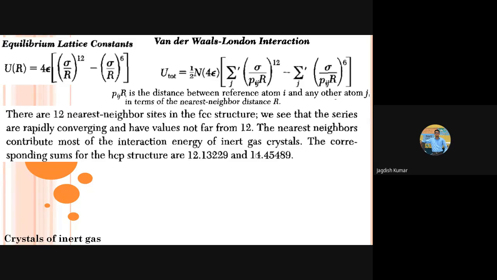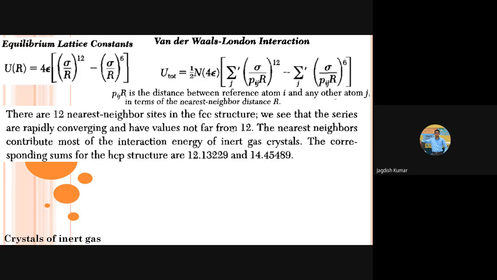So this term, if I simplify this, sigma over r raised to the power 12 minus sigma over r raised to the power 6.